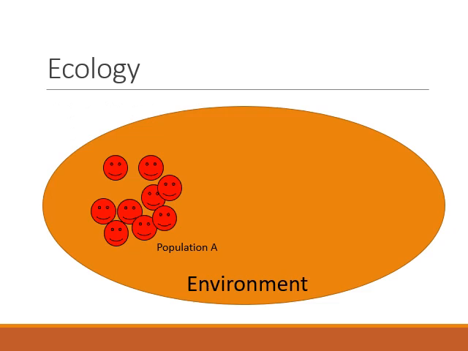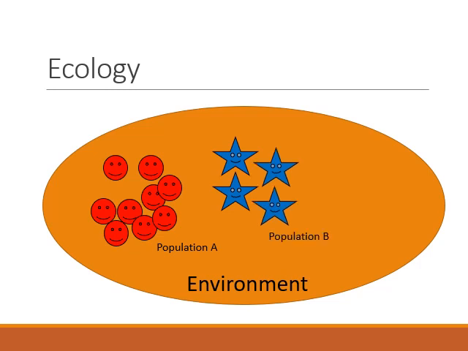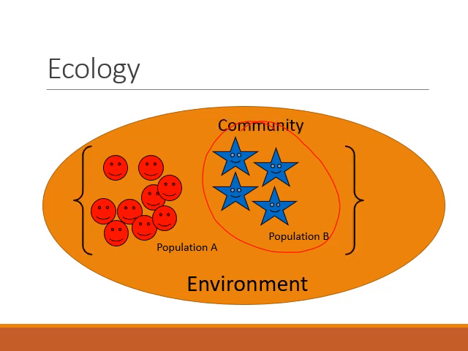If we're looking at an entire environment, we have a population A over here, all of these red smiley faces, and then another population over here, these blue stars, that's population B. Each of those is separately a population, made up of one species. They're all the same. It may be a small population or possibly a large population, but that's a population. These two populations make up a community.